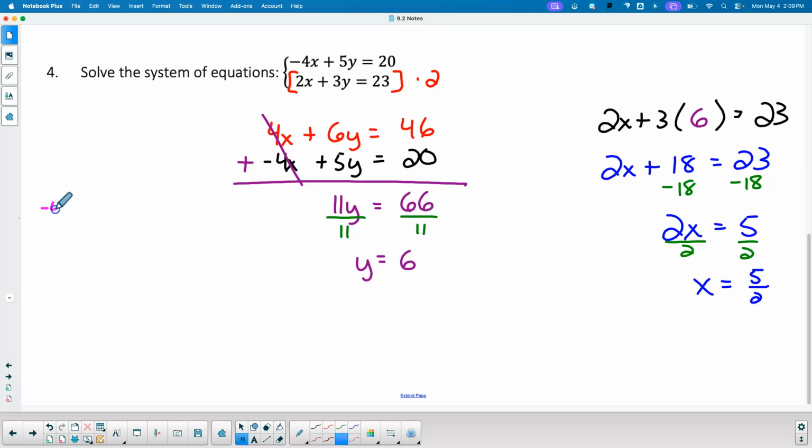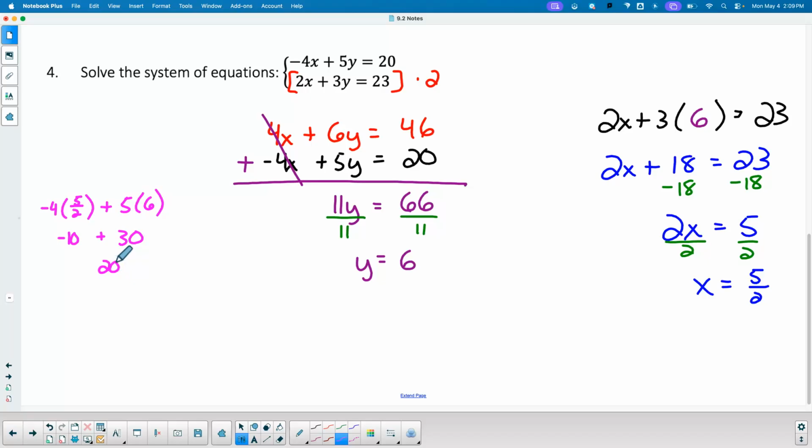So I would go -4 times 5 halves. -4 times 5 halves is -20 halves, which is -10, plus 5 times 6. 5 times 6 is 30. -10 plus 30 is 20.